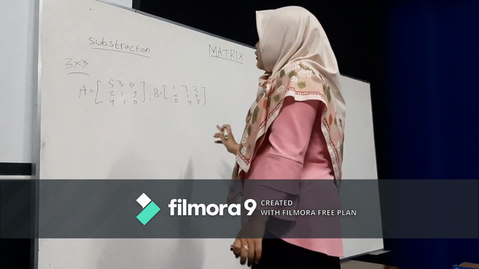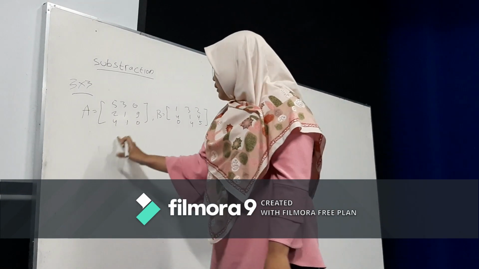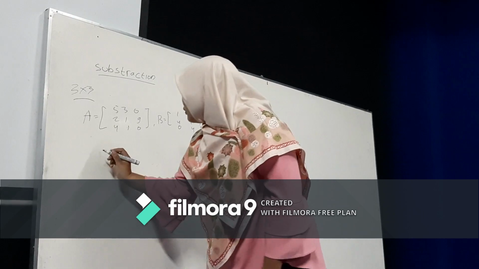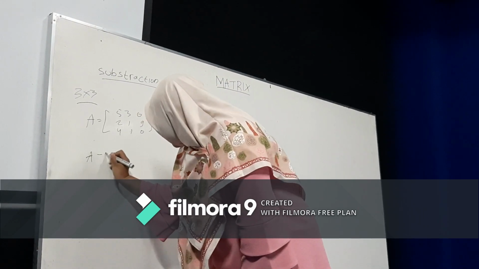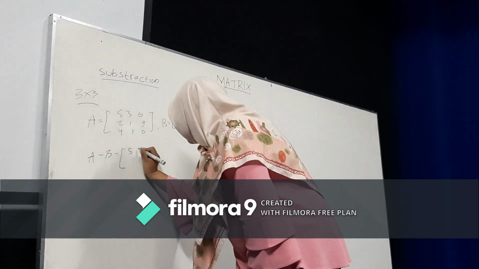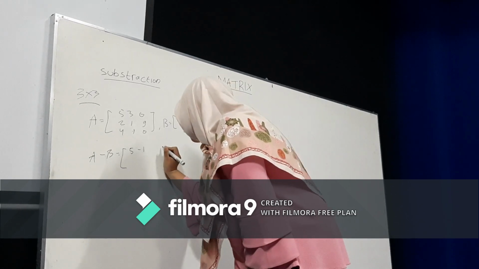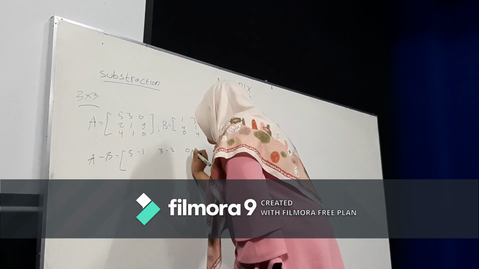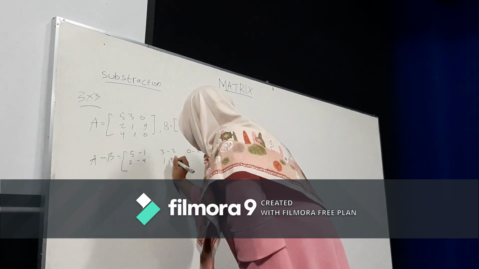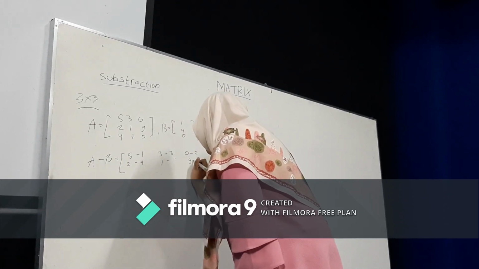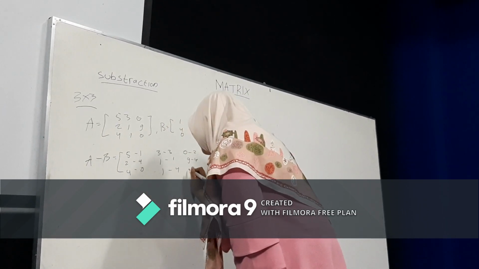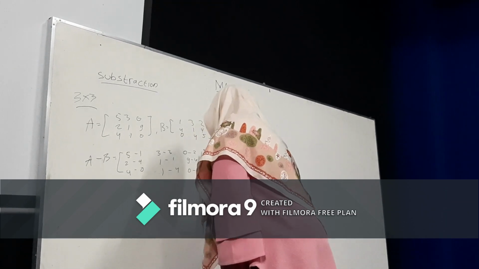Okay, the rule is similar to 2 times 2. So A minus B is open bracket 5 minus 1, 3 minus 3, 0 minus 2, 2 minus 4, 1 minus 1, 9 minus 4, 4 minus 0, and 0 minus 5.